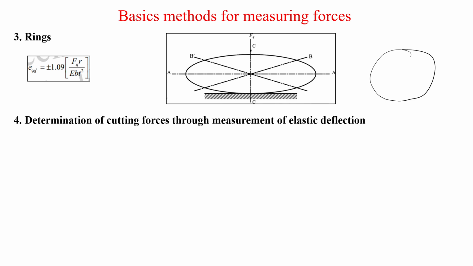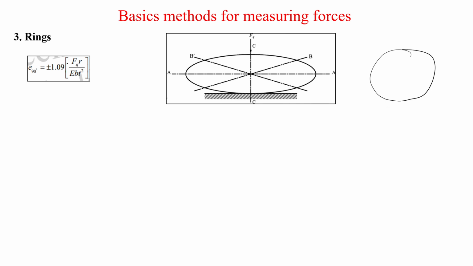For every angle we have a different formula, but the most common calculation is for 90 degrees. For 90 degrees, the strain developed is plus minus 1.09 F R upon EBT square, where B is the width and T is the thickness.